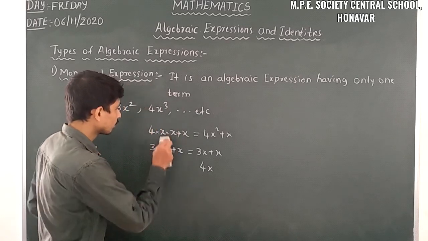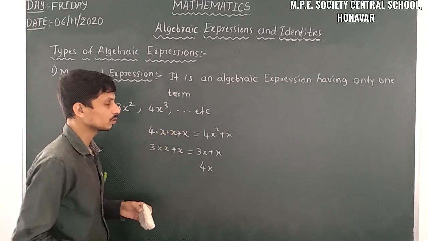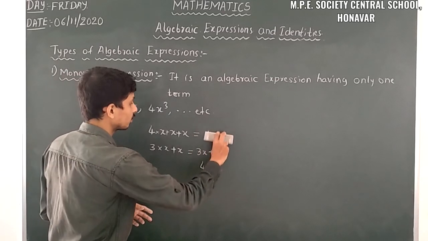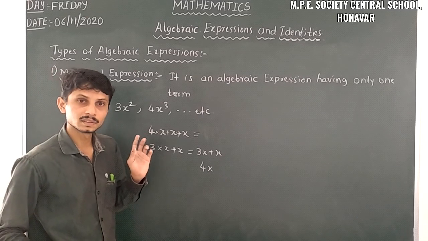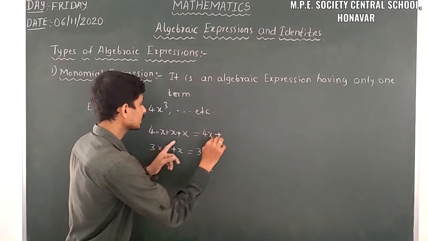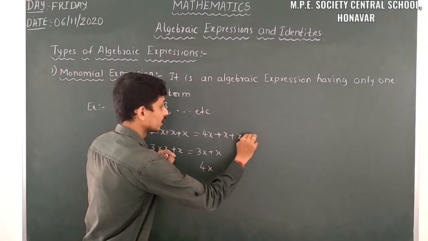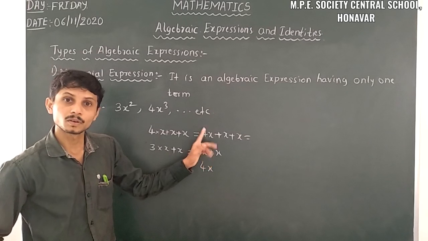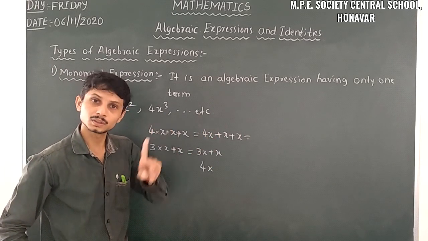And when I change this multiplication into addition, what happens? Just observe: 4 into x, 4x, plus x, plus x. Here they are like terms. Why are they like terms? The power of all the terms is 1.